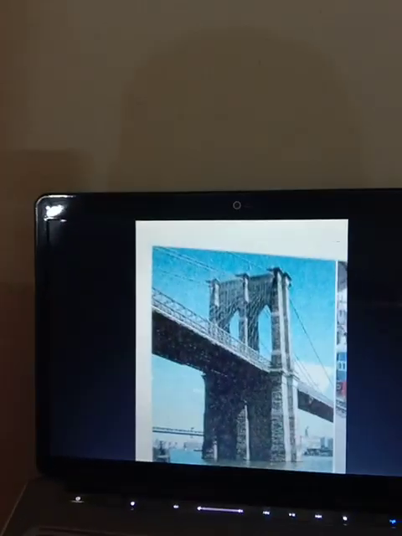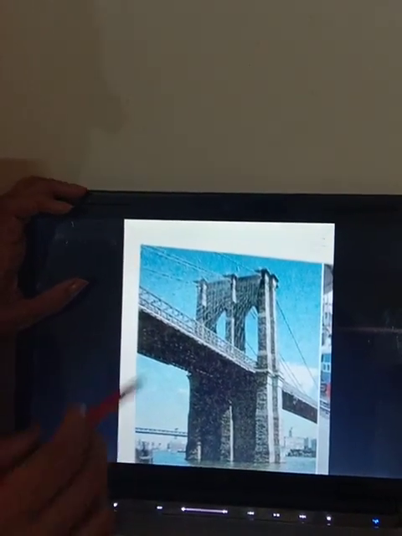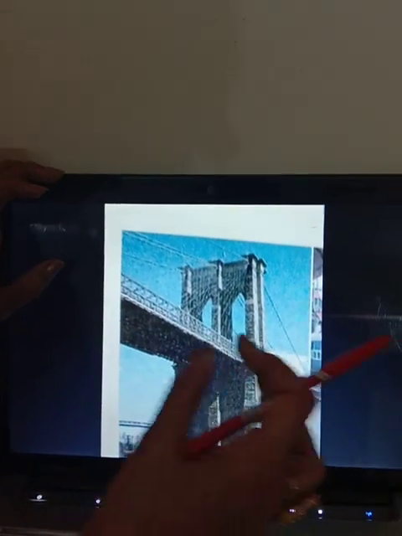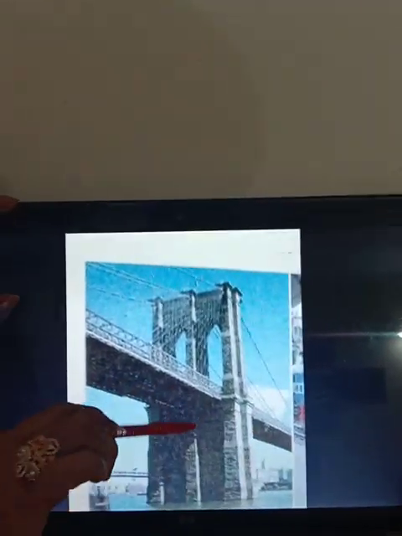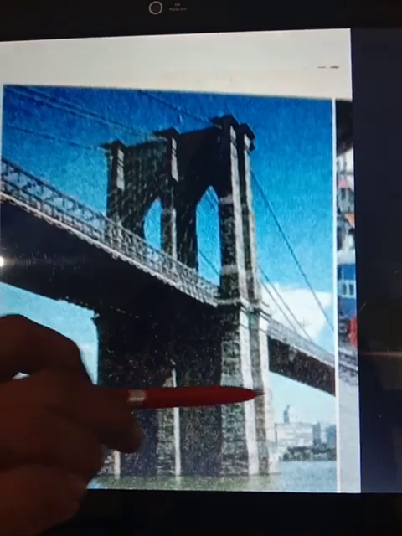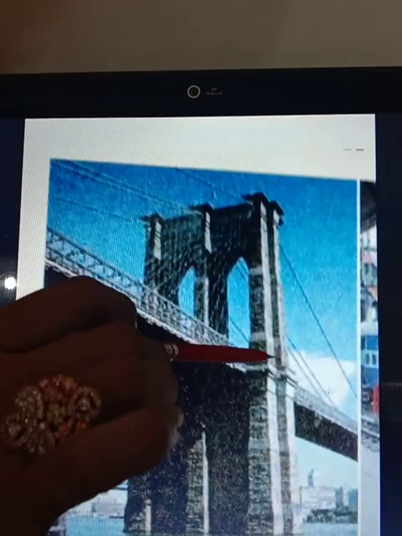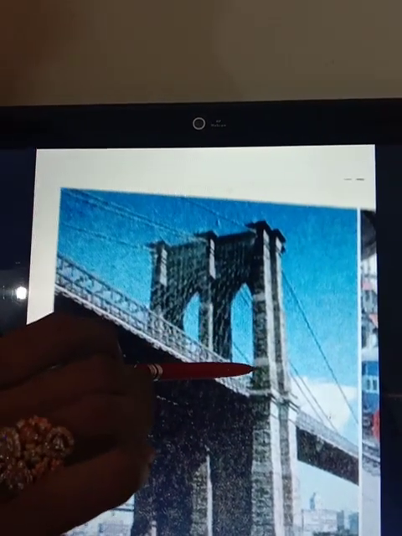Let us see one more example. You can see here, this is a heavy bridge. On the bridge, you see these downward poles. The foundation or the base pillars are thicker than the pillars above.